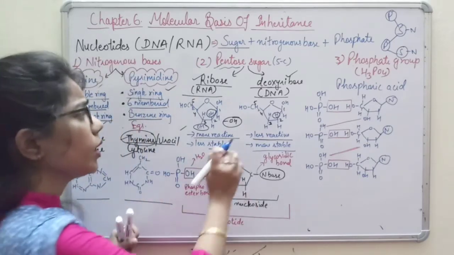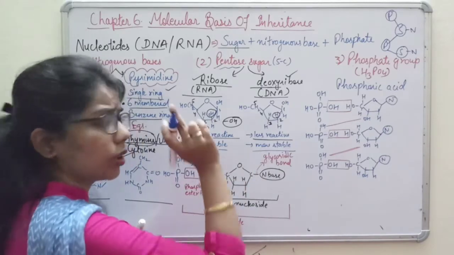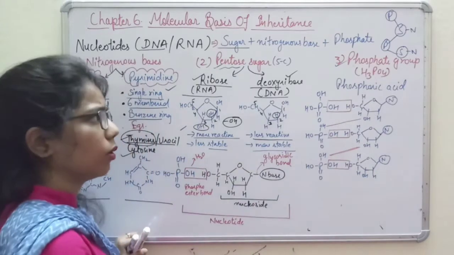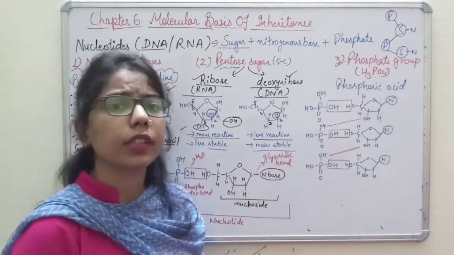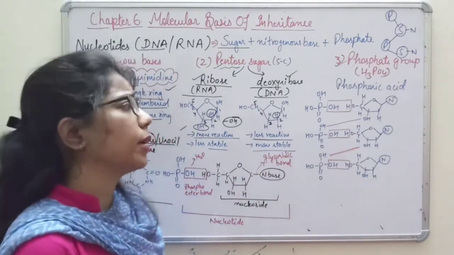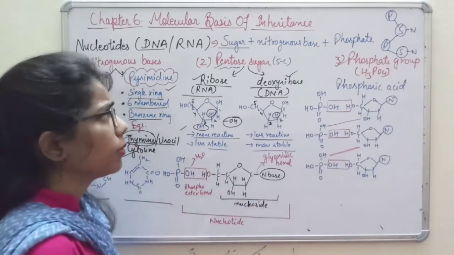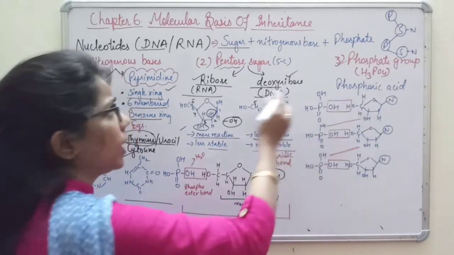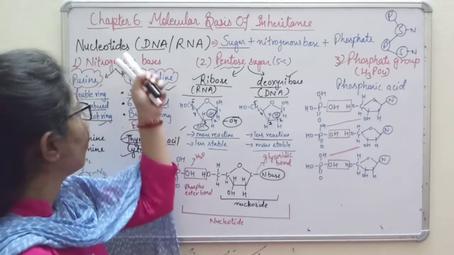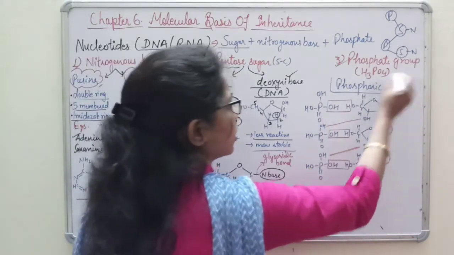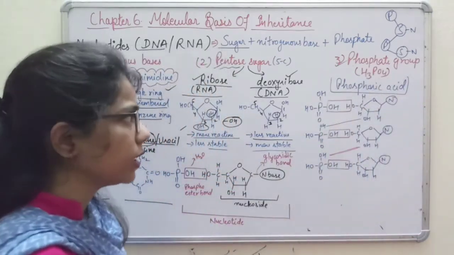Okay, now another thing, or the other component of this nucleotide, is the phosphate group. Okay, so we show the phosphate group with H3PO4, or sometimes we connect phosphoric acid with this one. Okay, when we add phosphoric acid also, what will it form? It will form the nucleotides. Okay, so this is the structure, this is the name of the phosphoric acid which is here.